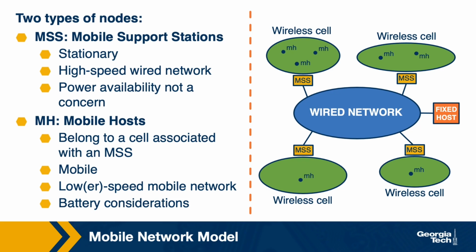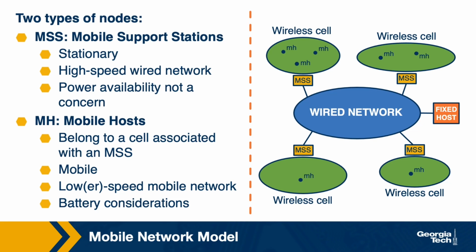And they're not connected to an infinite energy source. They're connected to a battery. So power usage and battery consideration are a much bigger factor here compared to the base station level. There may also be other fixed hosts that exist in the system and that are directly connected on this wired network, but we're not going to focus on them during this discussion.